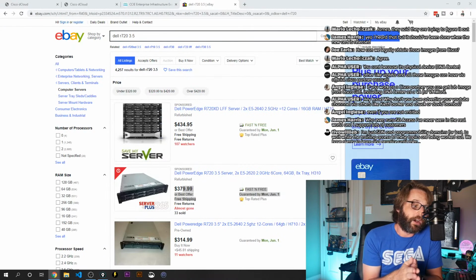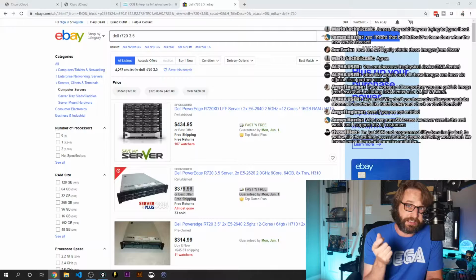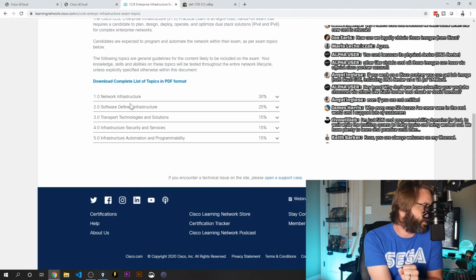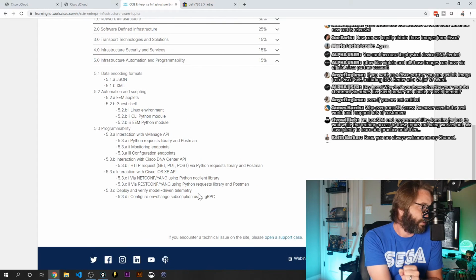Look, I can tell you, we've got a lot of SDN and programmability when it comes to the Inato and DevAsk course, and it touched on it a little bit in the Encore course too at CBT Nuggets. So if you want to get ready for the programmability portion of the CCIE, I'm looking at these blueprints right here. I'm telling you, almost all of this is covered in our EEM applets covered in Encore.